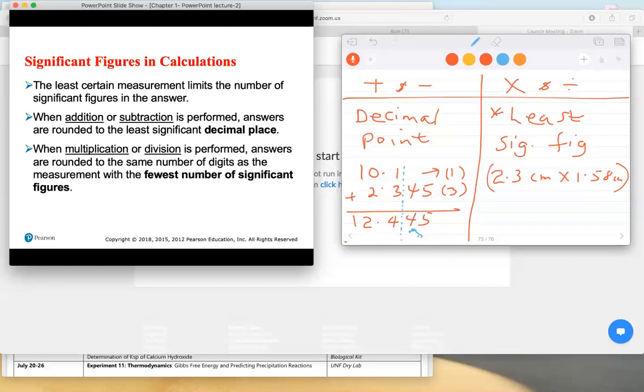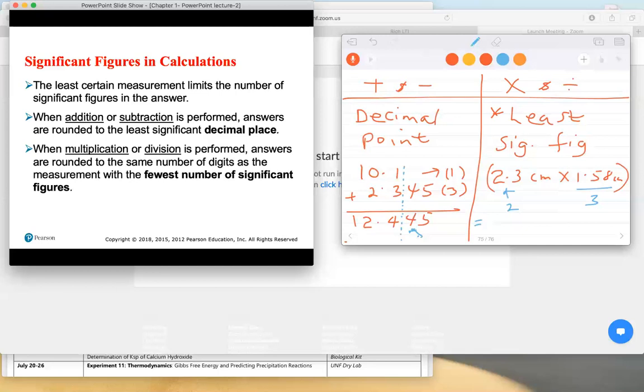If you look at the significant digits, this has 2, this has 3. So the final answer should have 2 significant digits. Let's multiply that. If I multiply 2.3 times 1.58, I just made up those numbers, I see this 3 point right here.